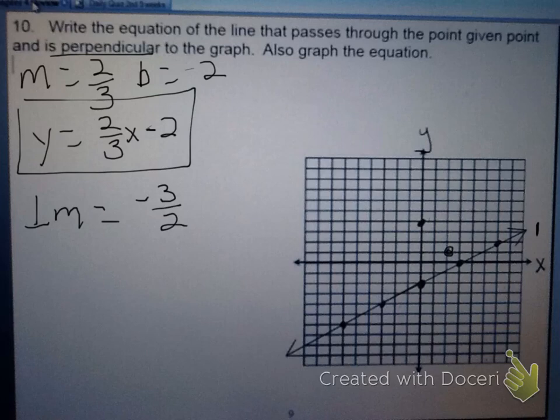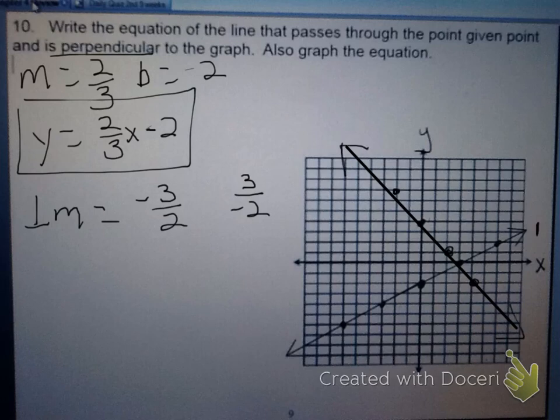Do it again, down 3 to the right 2. Or up 3 and backwards 2. And there is your line. Of course, I'm a little off, just a tad.